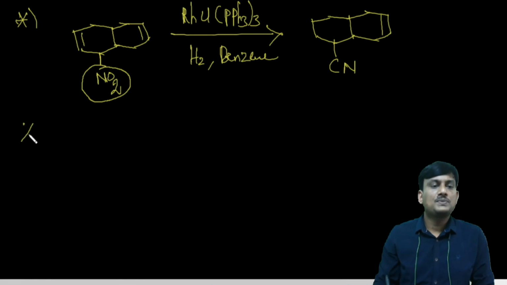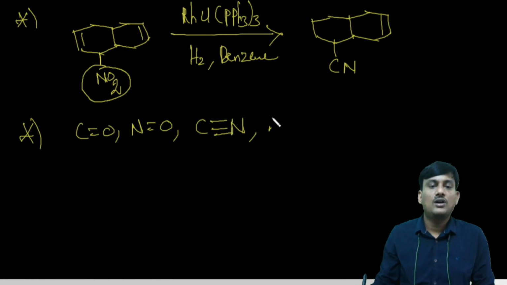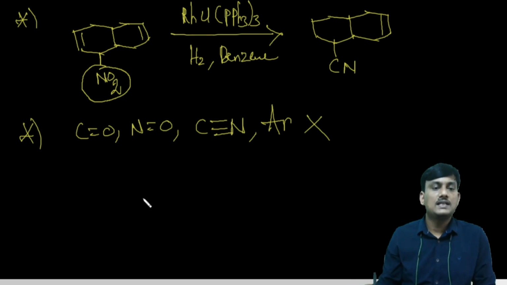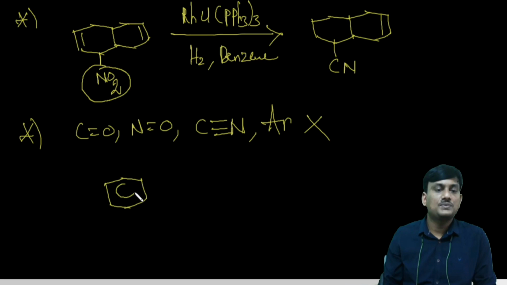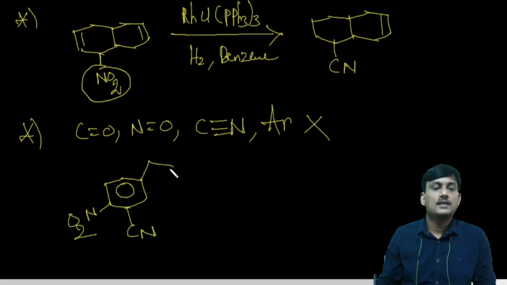Some groups like C=O, N=O, or C≡N and aryl groups cannot be reduced by Wilkinson's catalyst. Let us take a molecule which has these functional groups: a benzene ring, an NO2 group, a CN group, and a C=C.